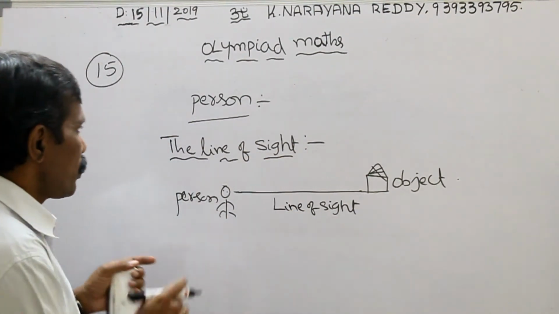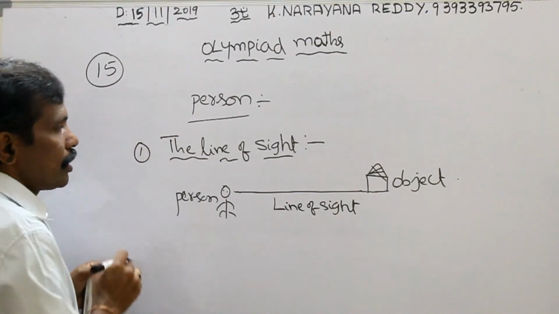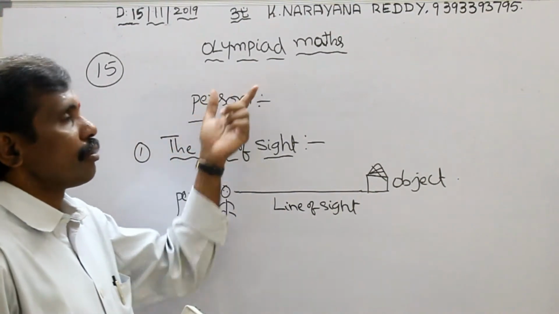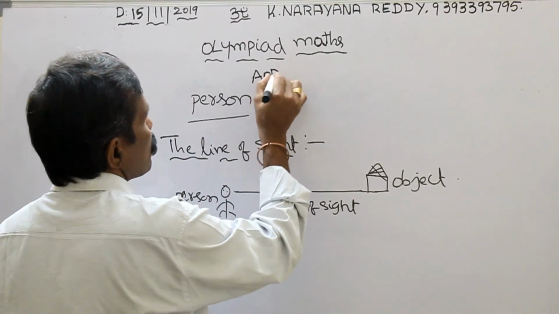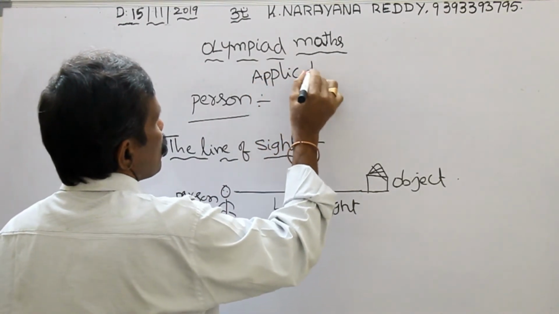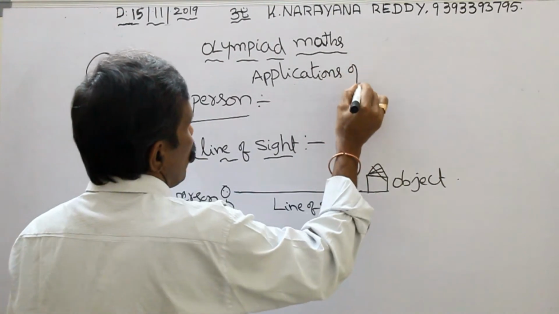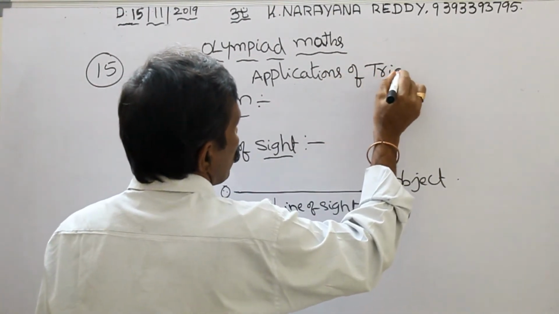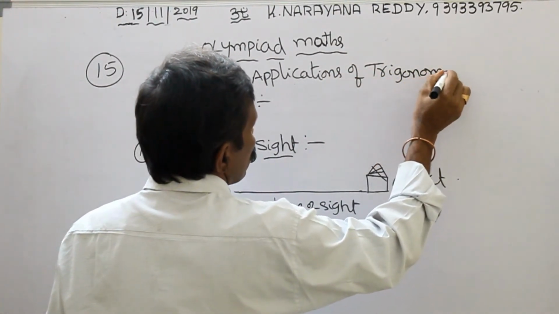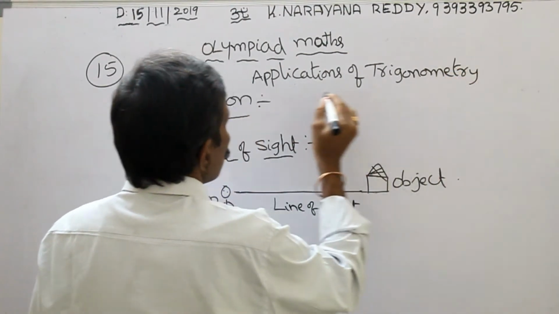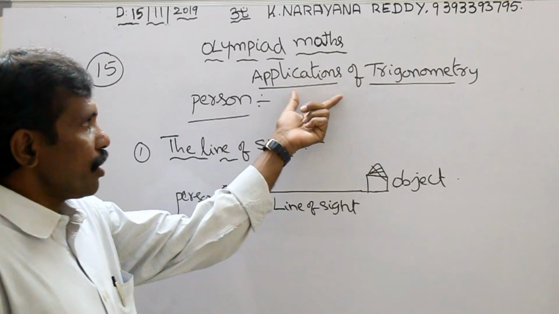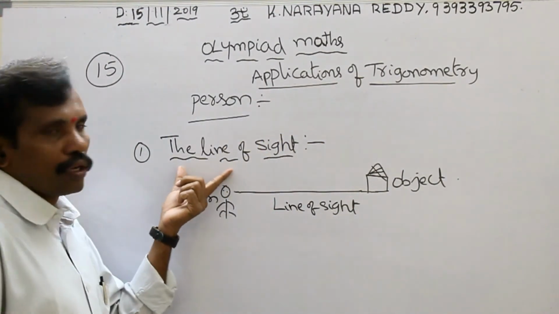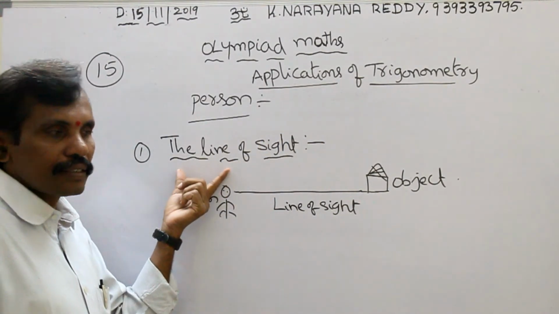Okay? This first point is an important point which is observed in applications of trigonometry. So, in application of trigonometry, first of all, we want this one, line of sight.